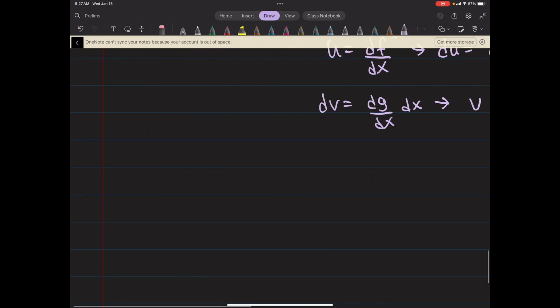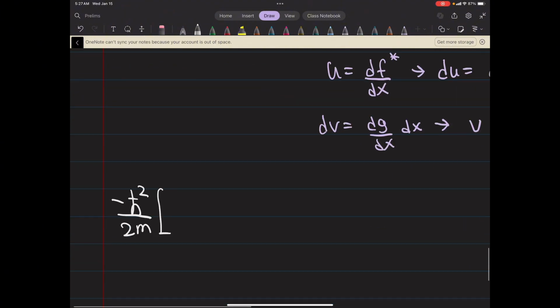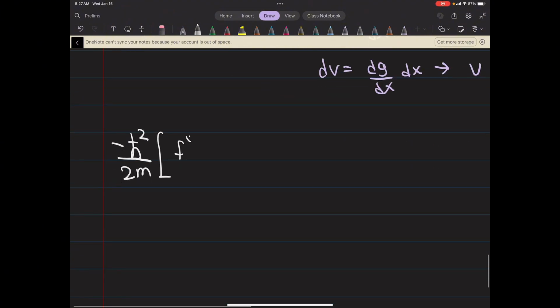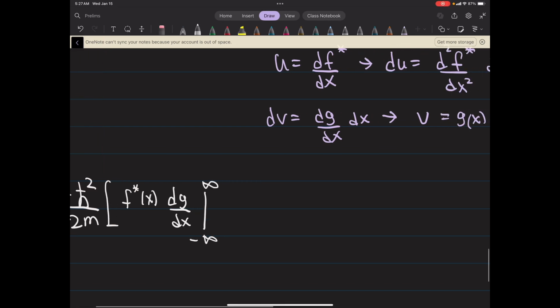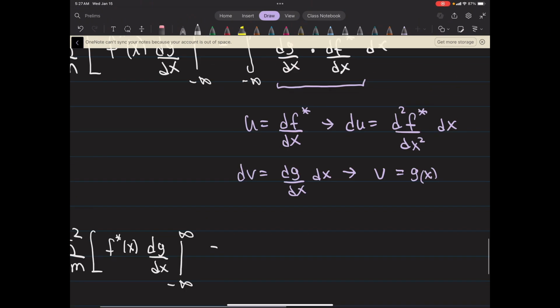So we have minus h bar squared over 2m times f star of x dg dx evaluated on these bounds minus the integral, and then we just integrated this by parts again.